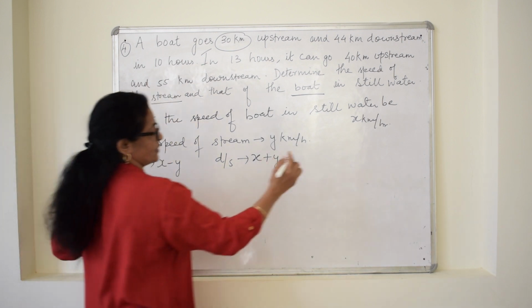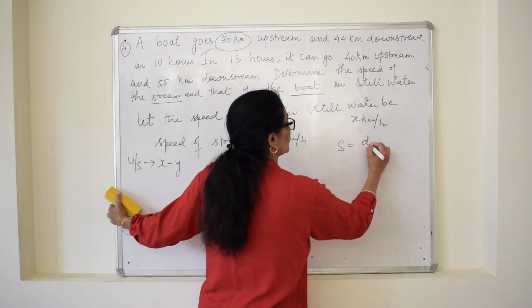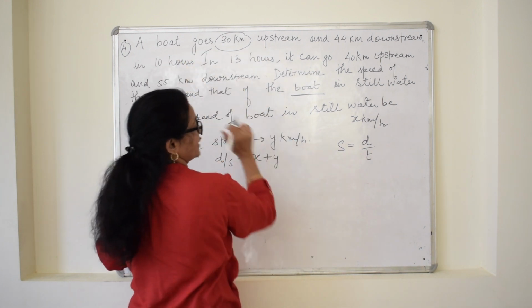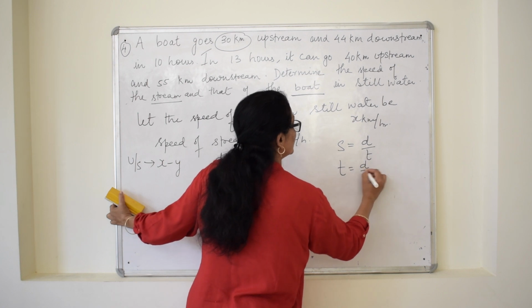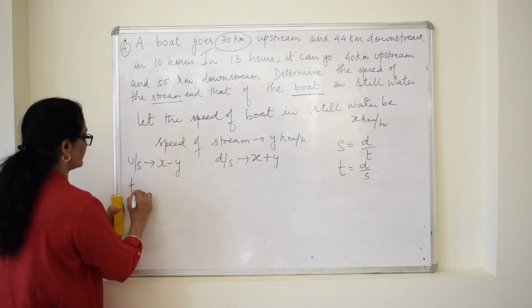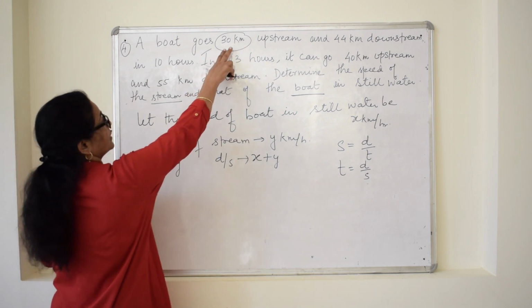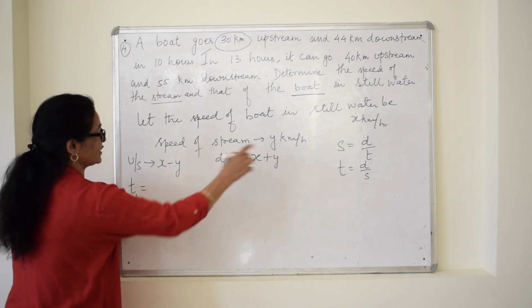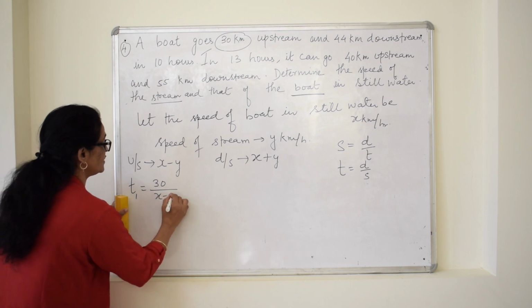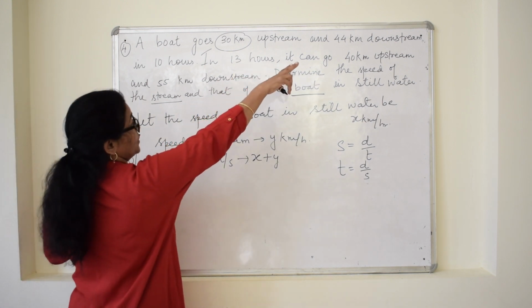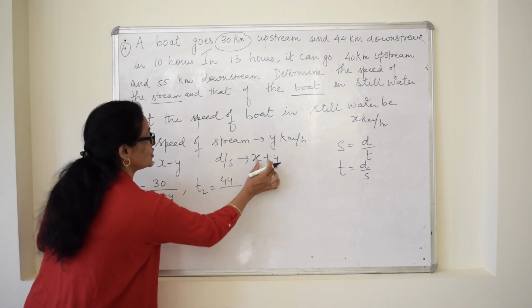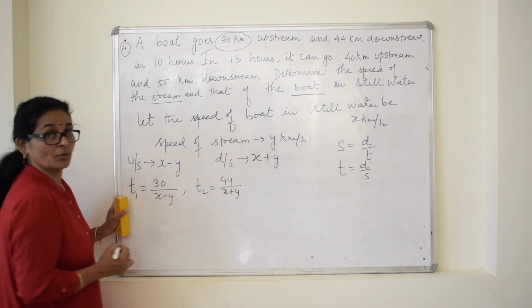Now the relation is speed equals distance upon time. The total time taken is 10 hours in the first case. So time is equal to distance upon speed. Upstream time, suppose it is t1, for 30 kilometers: distance 30, and upstream speed x minus y. Downstream is 44, so the time taken will be t2, distance 44 and downstream speed x plus y.